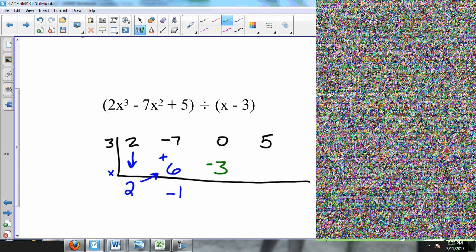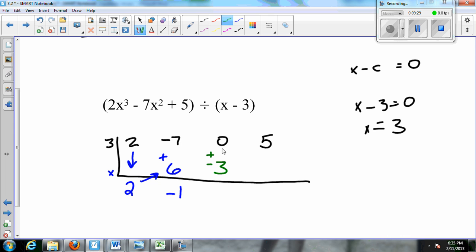Add them. 0 plus a negative 3 is negative 3. Now we got 3 times negative 3, that is negative 9. Always add. 5 plus a negative 9 goes to negative 4.